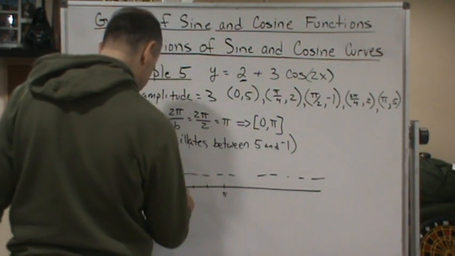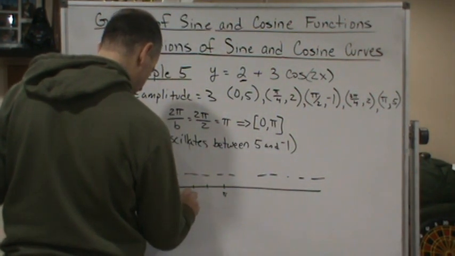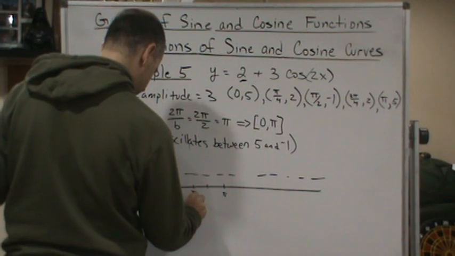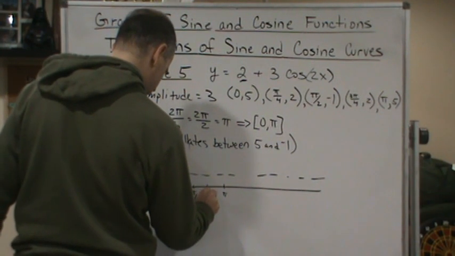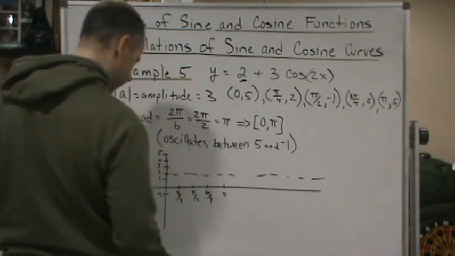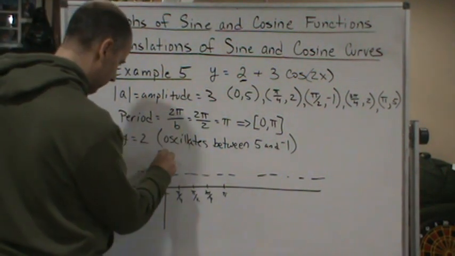So there's pi over 4, pi over 2, 3 pi over 4, and pi. Now I'm going to plot my 5 points.